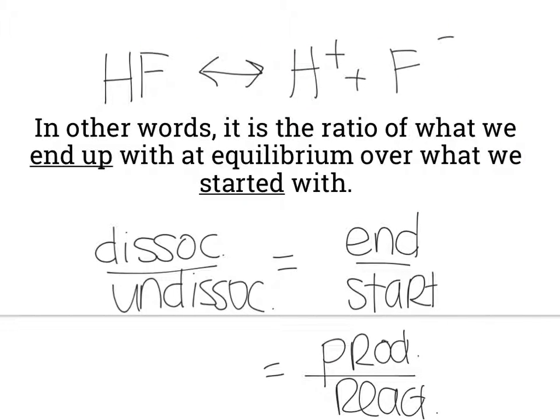The larger the Ka, the more of the products we're going to see, and the smaller the Ka, the more of the HF we're going to see. You'll still see both sides. With strong acids, by the way, you won't see any of the original. You'll just see what they dissociate into, which is why we call them strong acids.